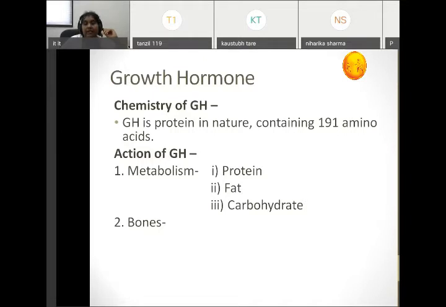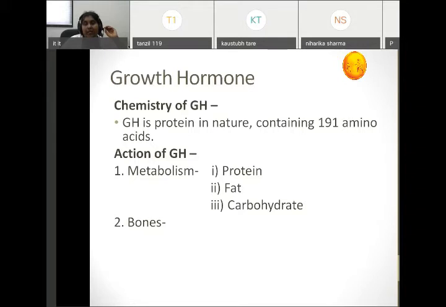It decreases peripheral utilization of glucose by the cell. First, decreases peripheral utilization of glucose by the cell. Then it decreases gluconeogenesis. It decreases glycogenolysis.